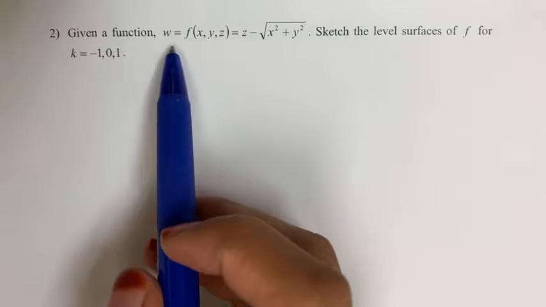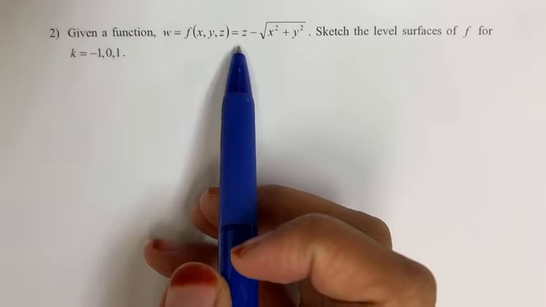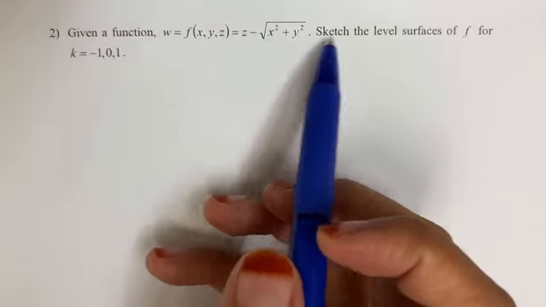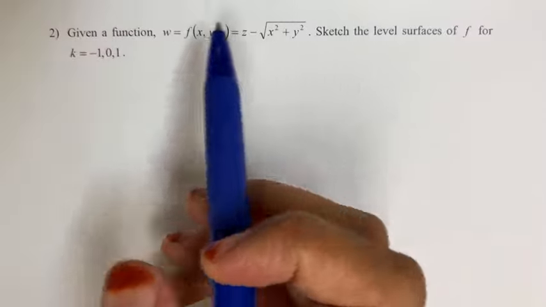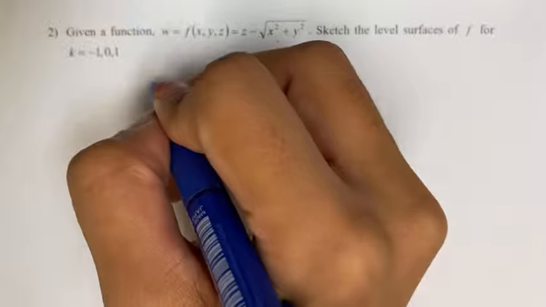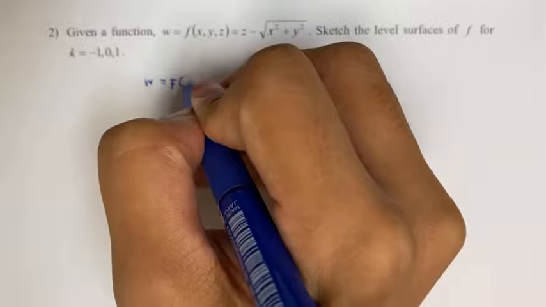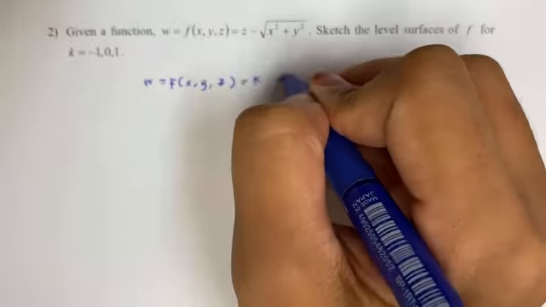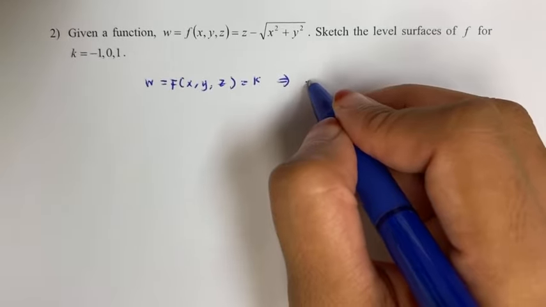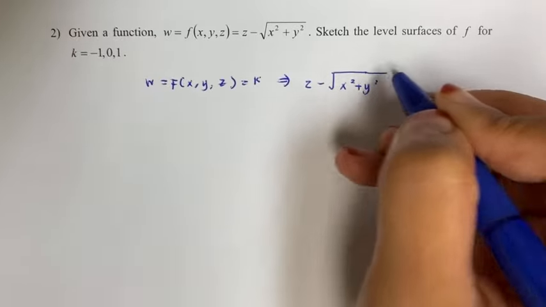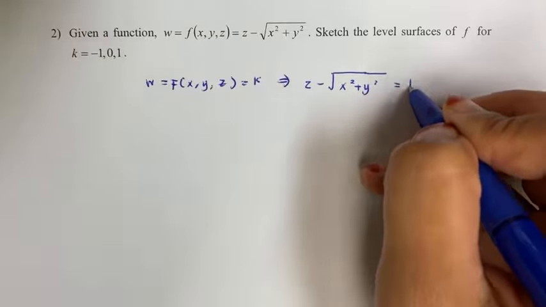Given a function w equal to f(x, y, z) equal to z equal to minus square root of x square plus y square, sketch the level surface of f for k equal to minus 1, 0, and 1. So again, this is equal to k. Substituting into our example, we have z minus the square root of x square plus y square equal to k.